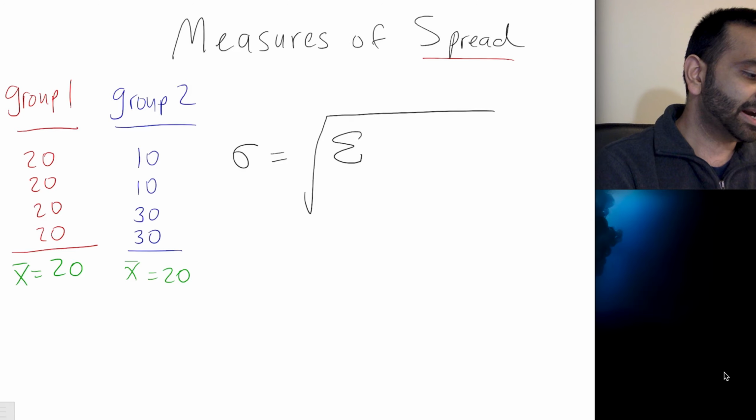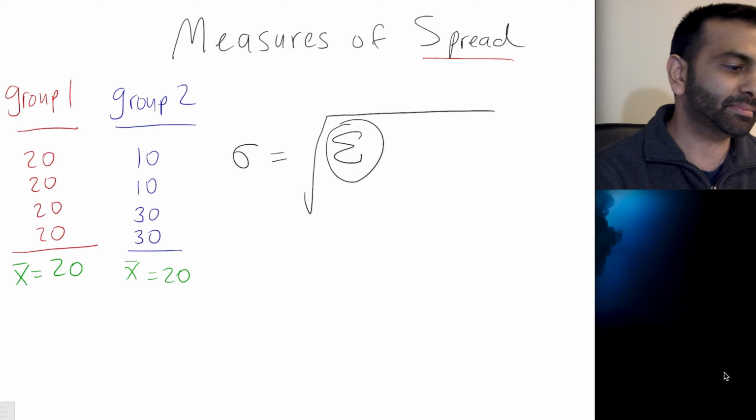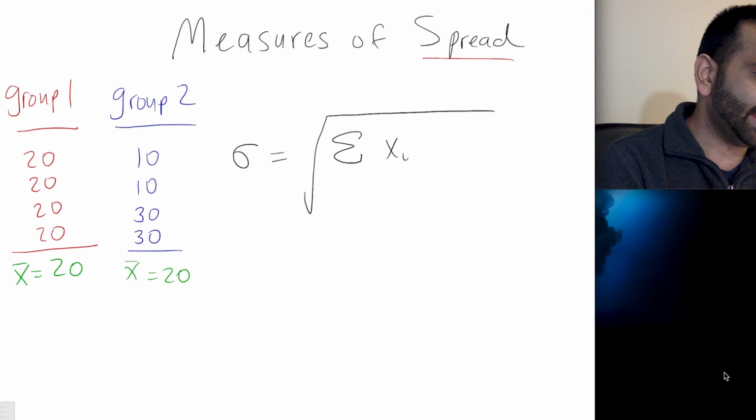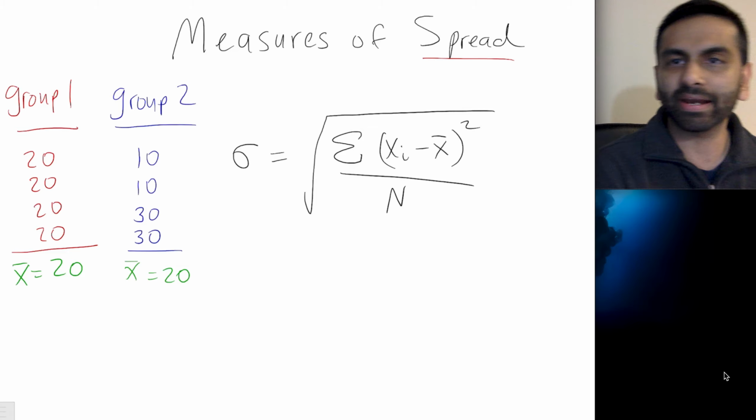So I'm going to call this sum instead of sigma. The standard deviation is the square root of the sum of xi minus x bar, squared, all divided by n.